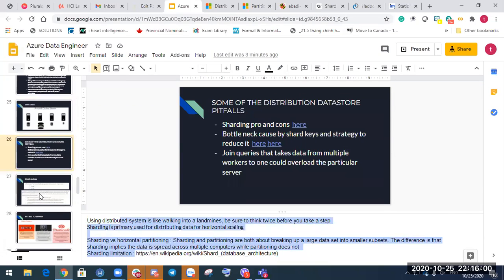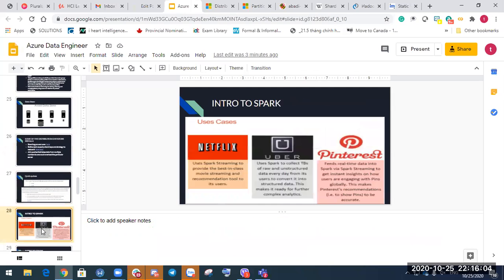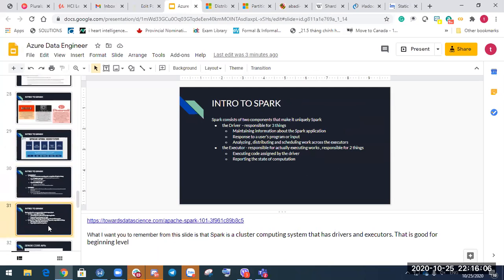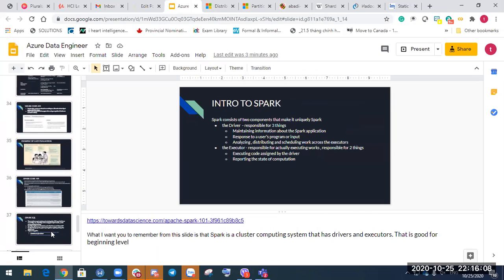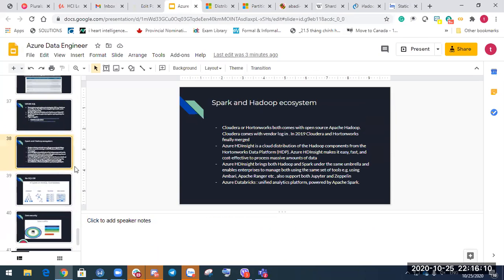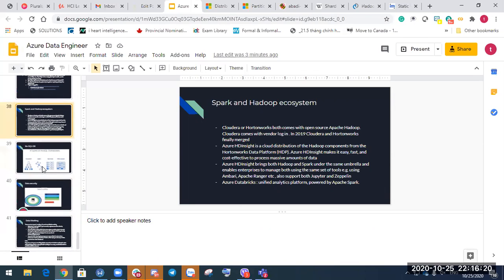We will go over it again once we reach Azure Cosmos DB. And for Spark, you just need to remember Spark and the Hadoop ecosystem. We will talk more about Azure Databricks and also Azure HDInsight in later sessions.